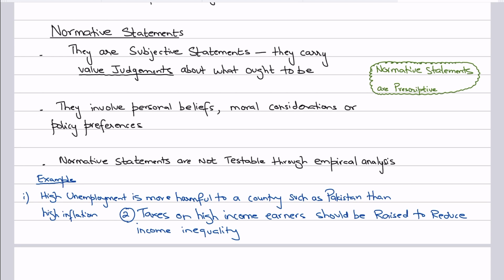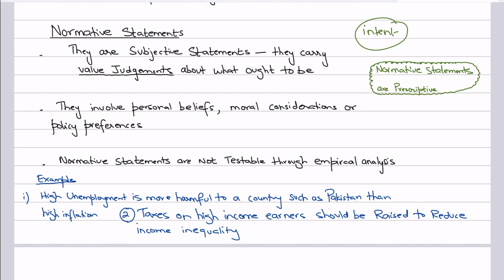And in MCQs, you might be stuck at times where it may look like a positive statement and a normative statement as well. So in that case, what you need to think about is what the intent is. What is basically the intent behind the statement which is made, and whether it primarily describes a fact or expresses a subjective judgment, right?